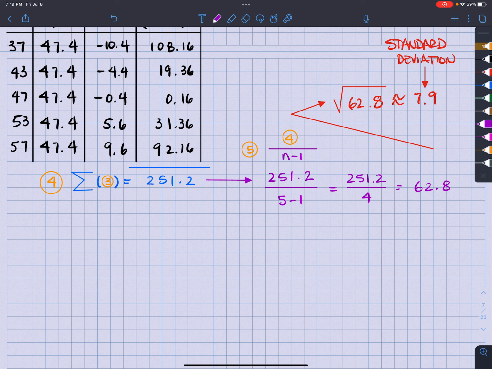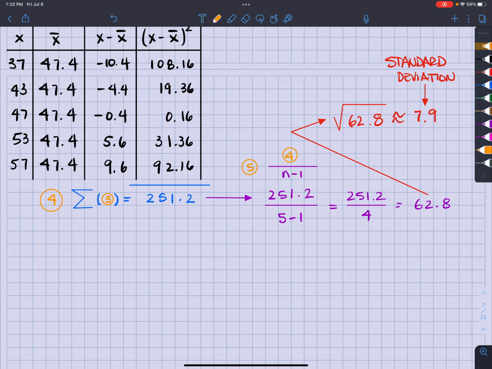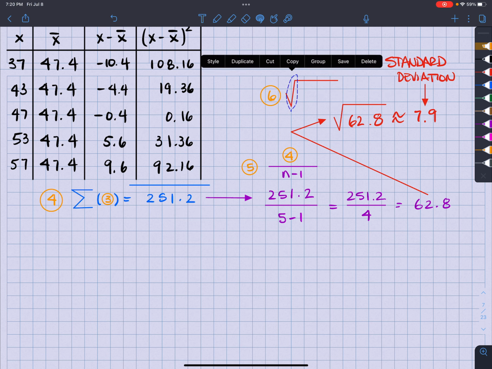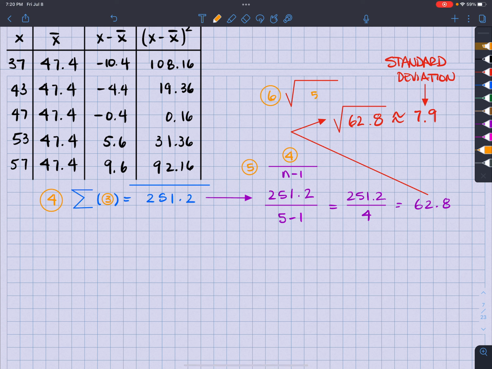And then step 6 was taking the square root of step 5.